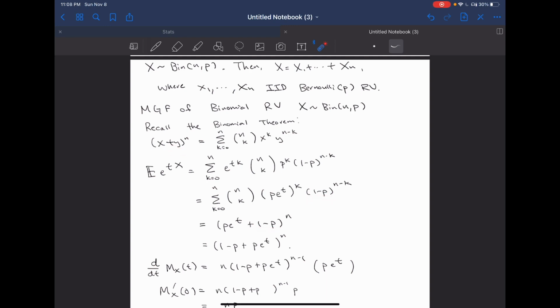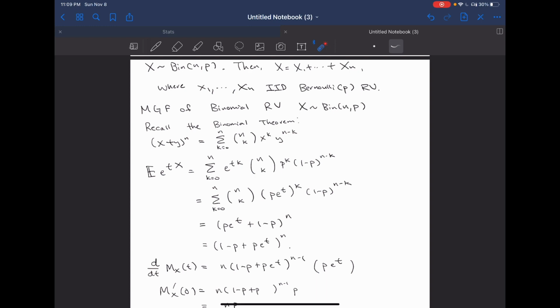You probably will see this version more, so I switched the order: 1 minus p, bring it to the front. 1 minus p plus p times e to the t, all to the power n. And that's just the moment generating function of the binomial random variable. So it's actually quite simple to calculate if you know the binomial theorem.